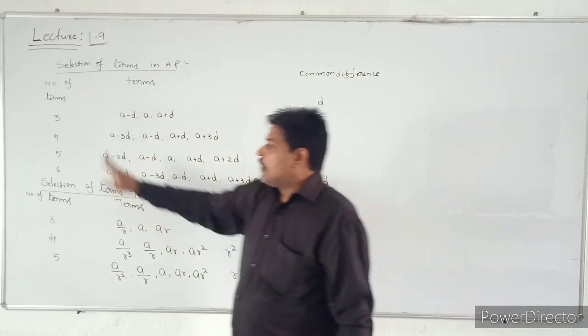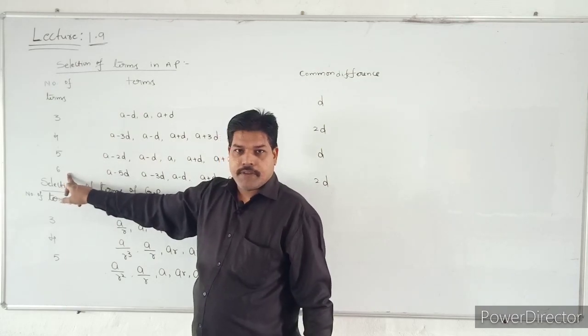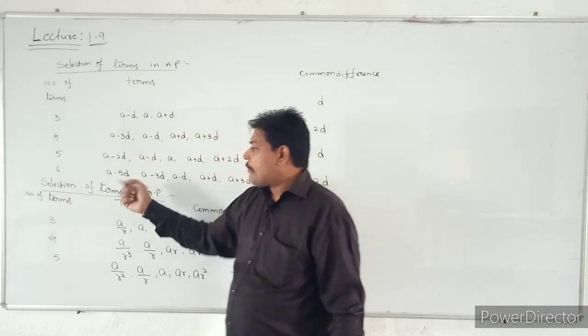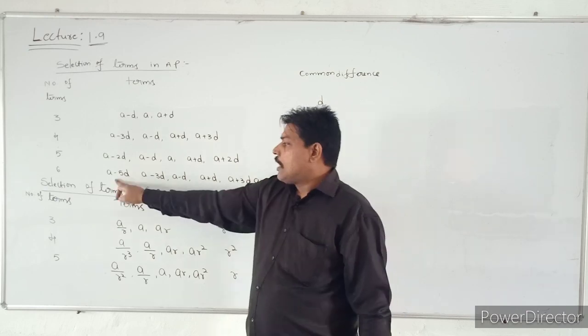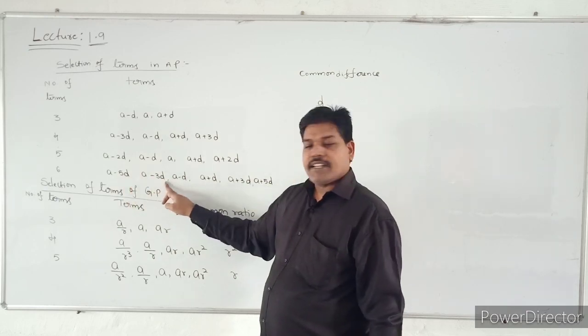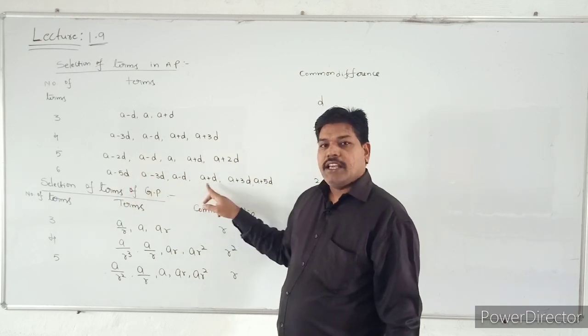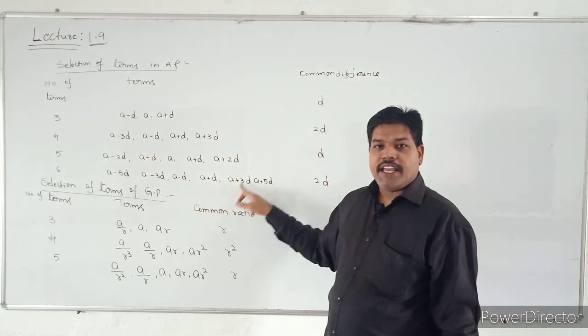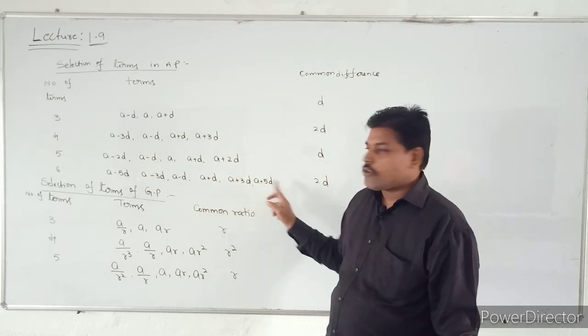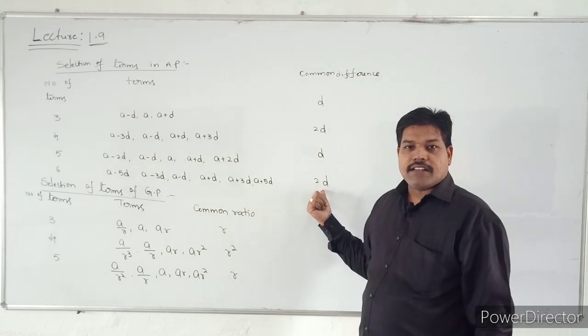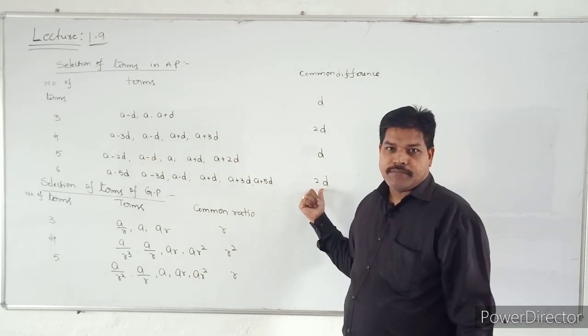See the next one. If the number of terms is 6, then what happens? You have to take the terms like this: a minus 5d, a minus 3d, a minus d, a plus d, a plus 3d, a plus 5d. So what is the common difference? It is clear, the common difference is 2d.